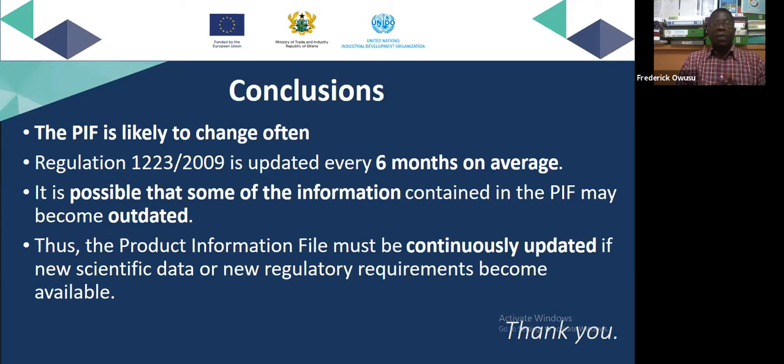Meaning it is possible that some of the information contained in your PIF, and here I'm talking about if you have 5 cosmetic products, you have 5 PIFs, may become obsolete, outdated, and therefore we need to review it, update it, and include all the necessary requirements that the new regulation is talking about, or has defined, or is prescribing in the new edition.